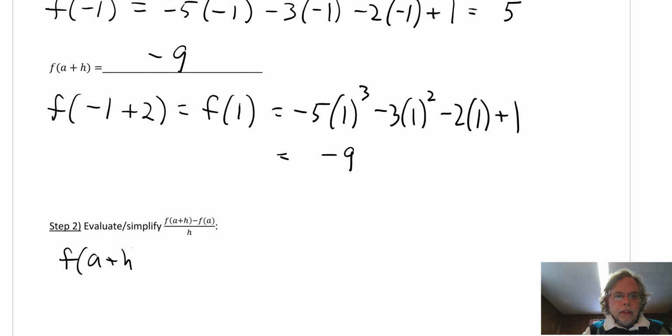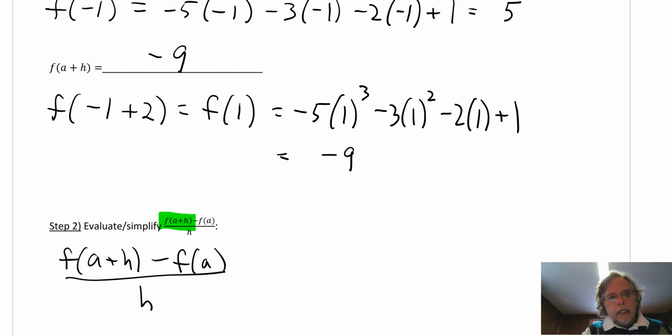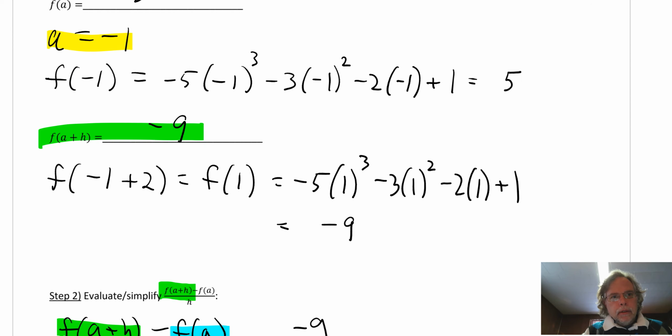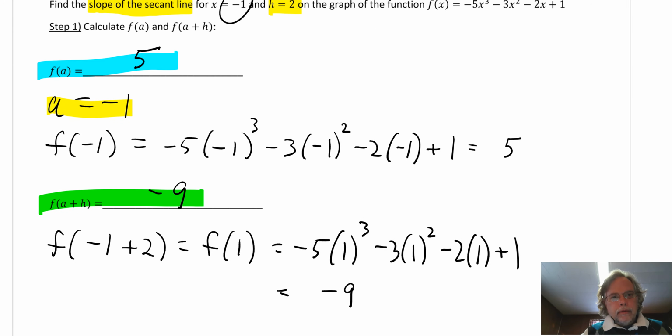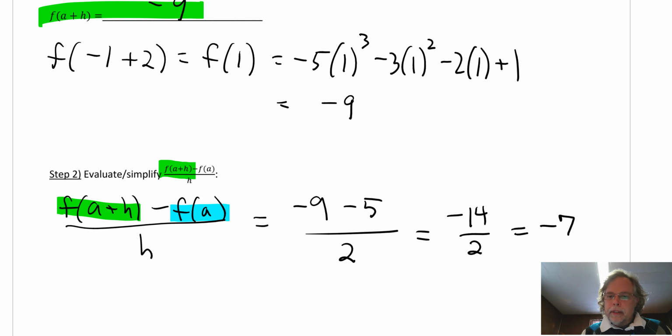So, f of a plus h was -9, minus f of a, which was 5, over h, which was 2. So this is -14 over 2, which is -7.